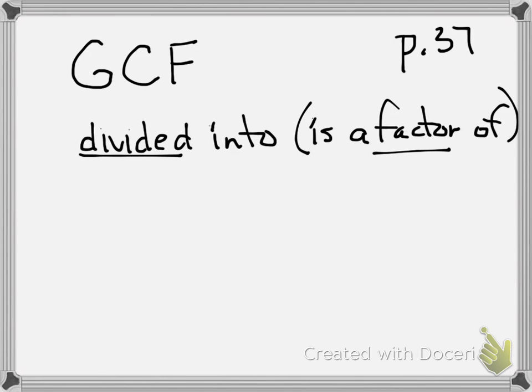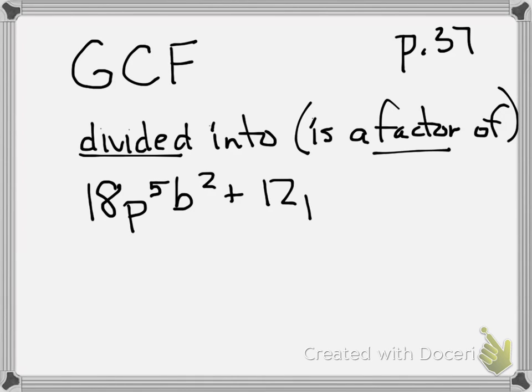You might remember GCF, or greatest common factor, from working with fractions and trying to reduce fractions, but we're going to look at it with polynomials here. Some of this is going to seem a bit like division.